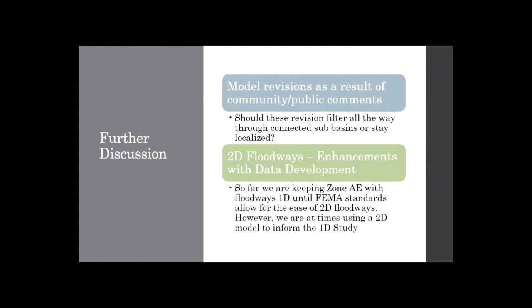We need to have further discussion on how we update models throughout the process, because our process has always been geared towards public comments, getting a lot of input early on and making updates as needed. So how do we update these watersheds, these models that are really holistic, that take the whole area into account?